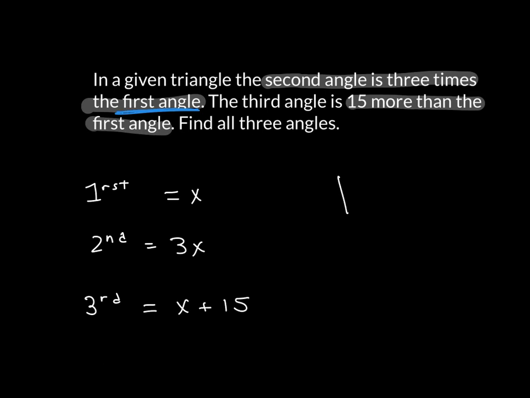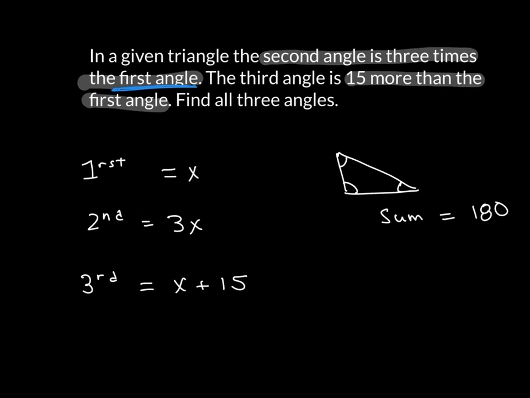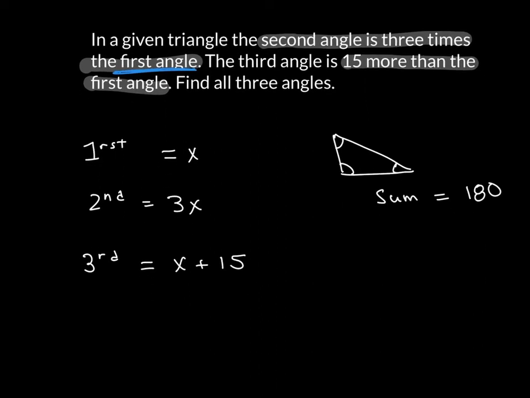Now, what is a fact that we know about all of the angles in a triangle is all of the angles, angle 1, 2, and 3, they have to sum equal to 180. So that gives me my equation. I have x plus 3x plus x plus 15 is equal to 180.